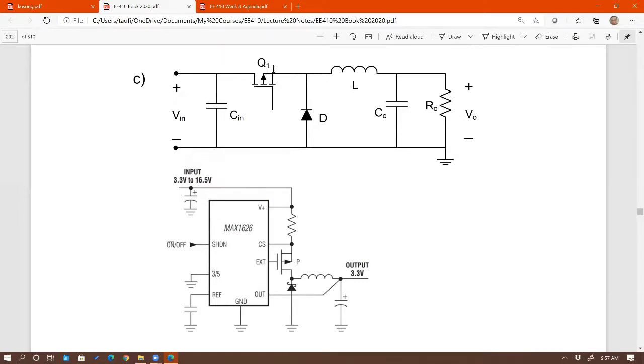The reason we use a PFET is because it's what we call a high side MOSFET. A high side MOSFET is a MOSFET whose gate is not grounded. Look at gate to source right here. You can see the source is at the switching node, and the switching node is not constant.